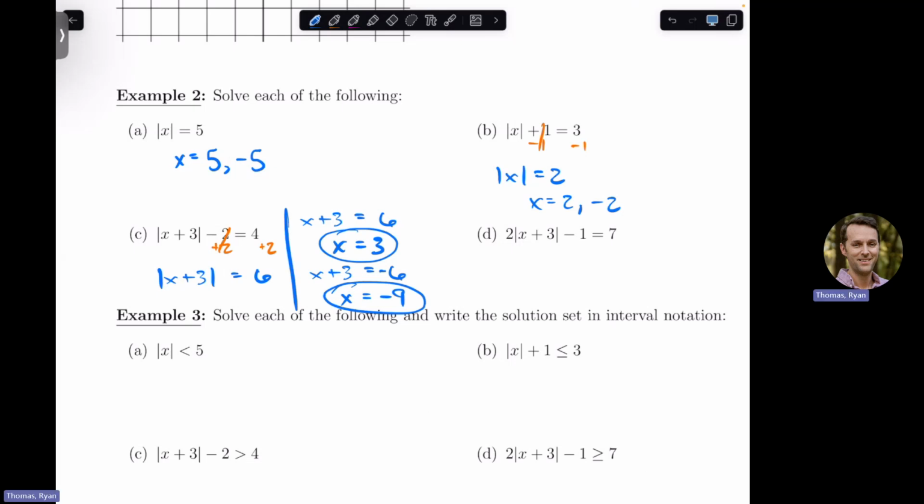Got one additional layer of stuff to worry about. Divide by 2, get the absolute value term by itself.